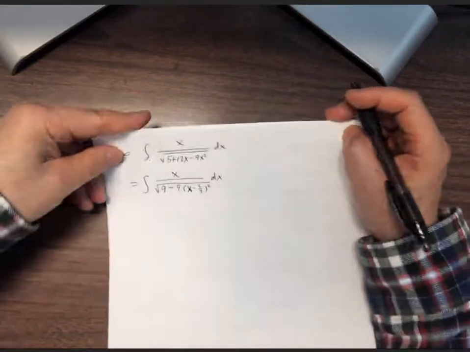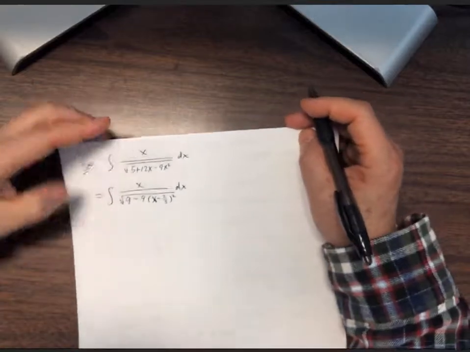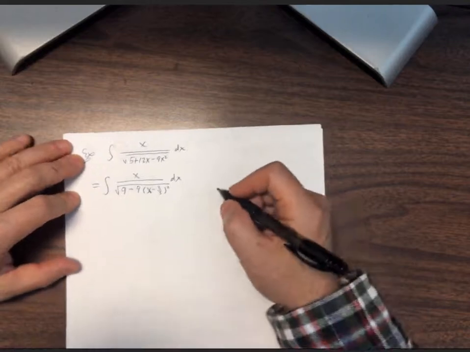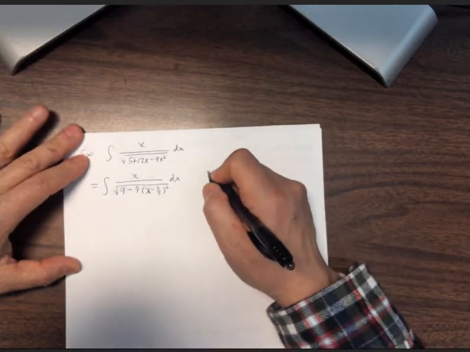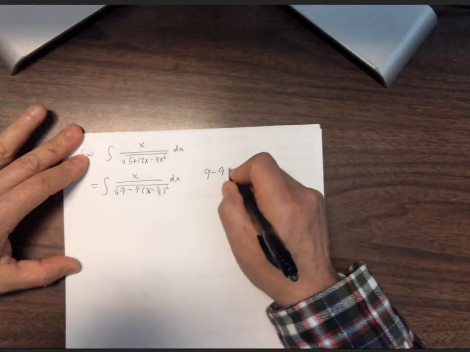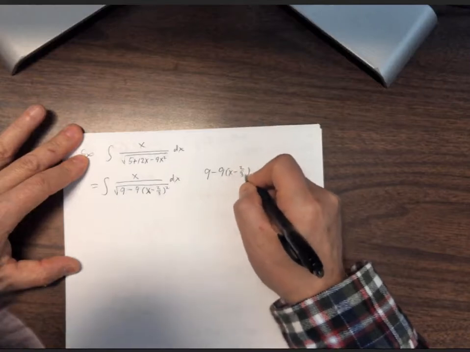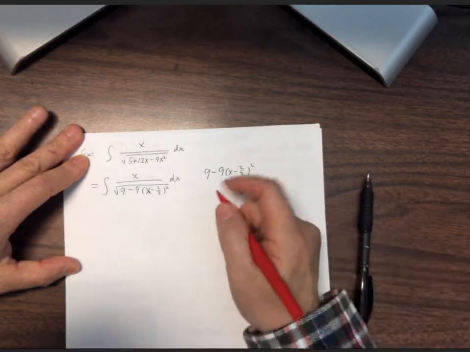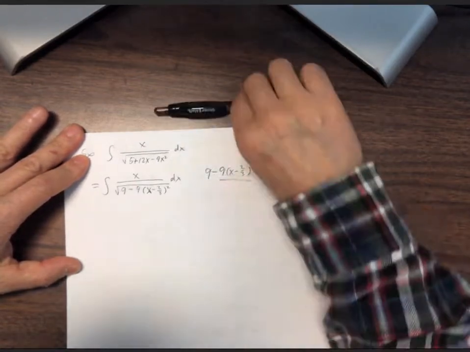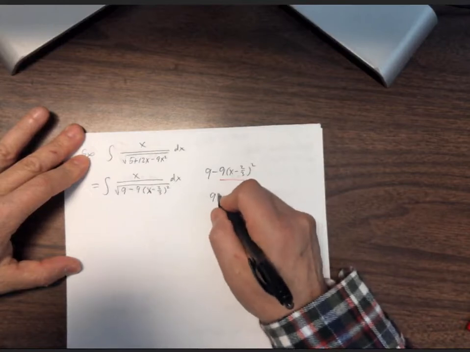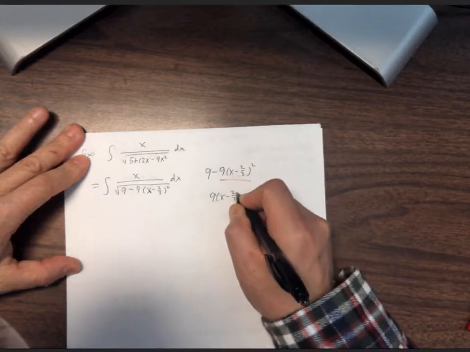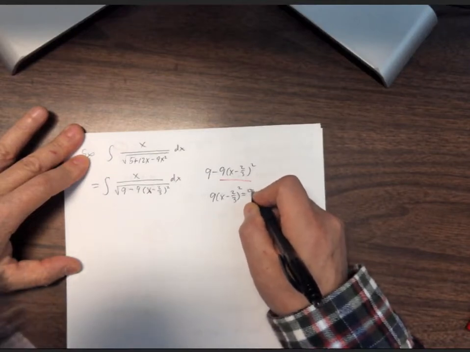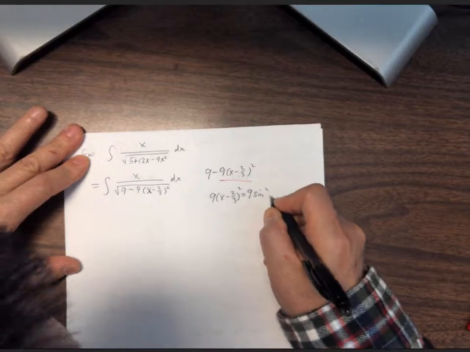This is how we try to come up with an appropriate trig substitution. So let me write it down. Here this term, we want this to be sine square.